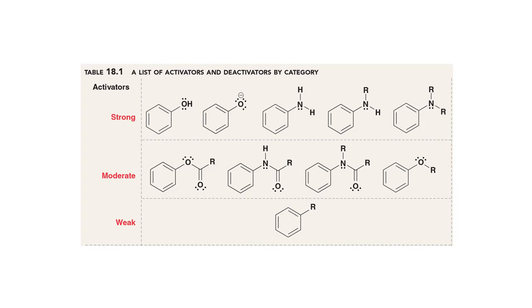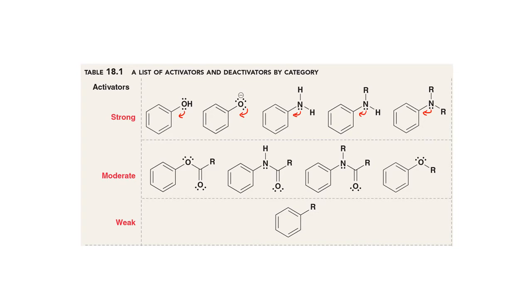So those lone pairs are capable of being donated to the ring. Okay, so they can donate those lone pairs, they can stabilize that arenium ion, which is going to make them activating groups. For moderate activators, we also have oxygens and nitrogens, but you'll notice that we have them connected to carbonyls.